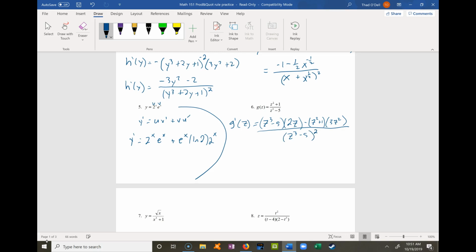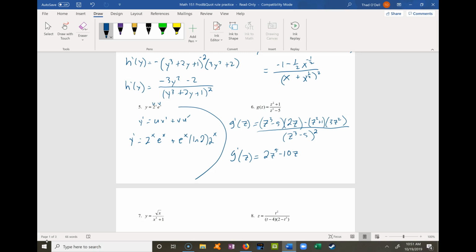And of course we can simplify this by multiplying through some things. So we got g prime of z is going to be equal to, so 2z times z cubed, that would be 2z to the 5th. And 2z times negative 5 would be negative 10z.